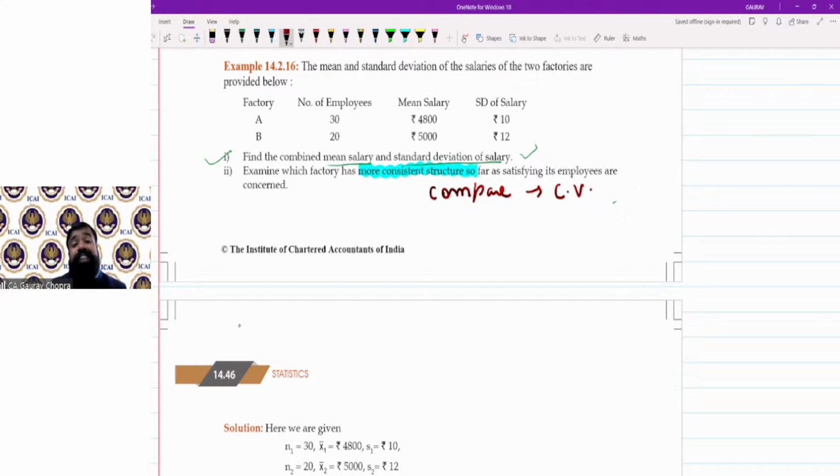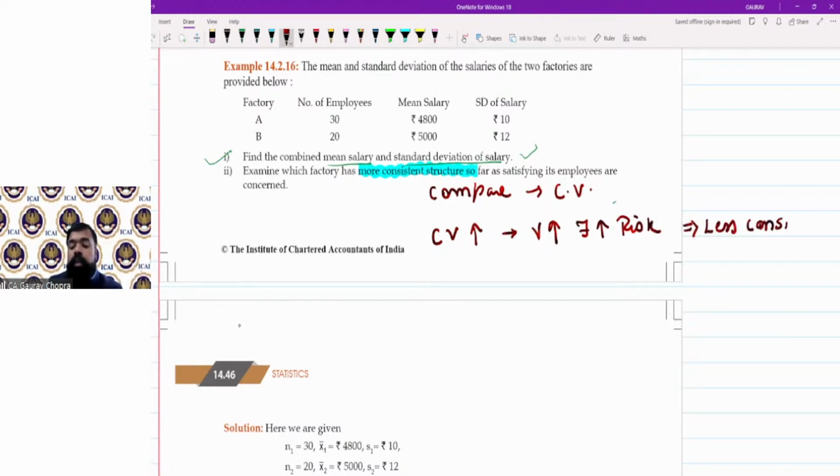Now, the one whose CV is more, if CV is more, this shows that the firm is having more variation, more fluctuation, more risk, and less consistency.